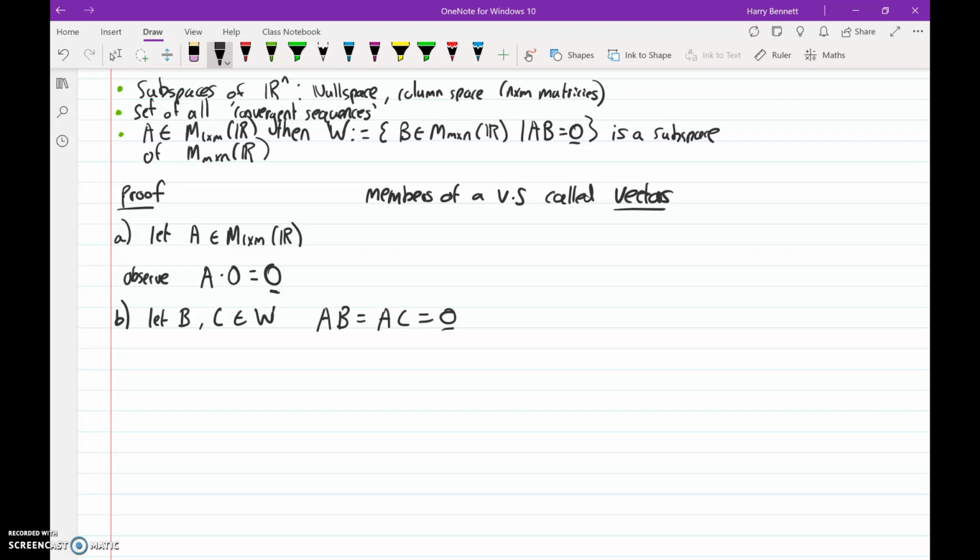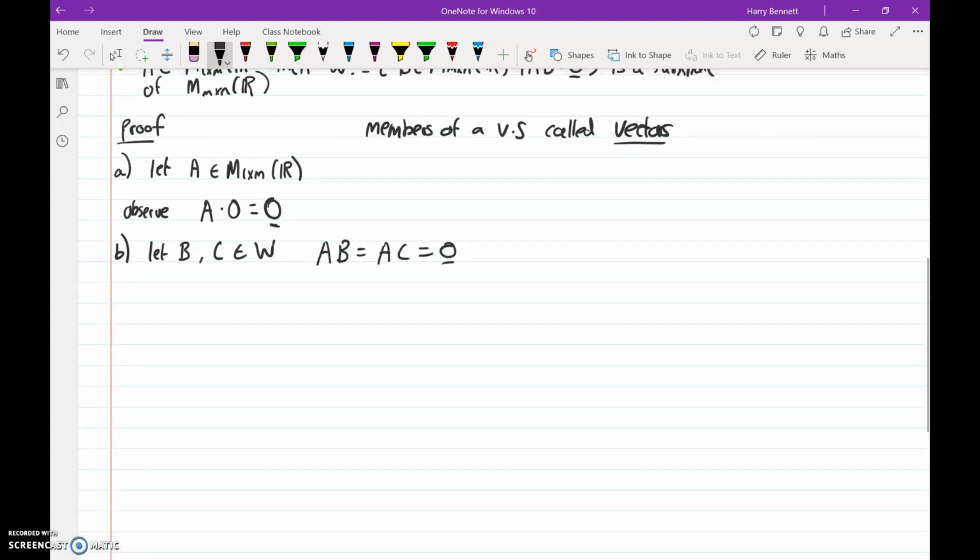Now we have to prove it's closed under addition. So how do we do this? Well, what is B plus C? Let's just take a look at B plus C.